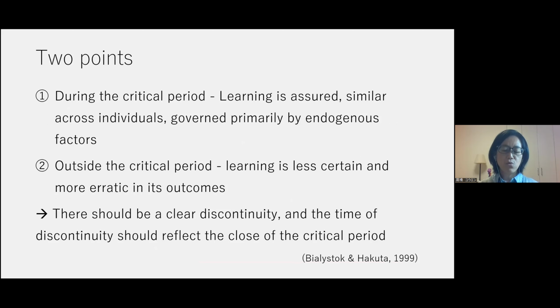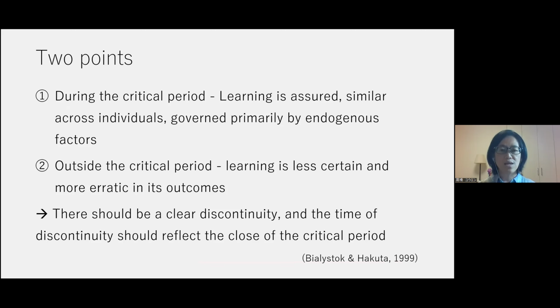And people who support the idea of critical period hypothesis said that there are two main points. The first one is during the critical period, the learning is assured and learning is similar across all individuals.